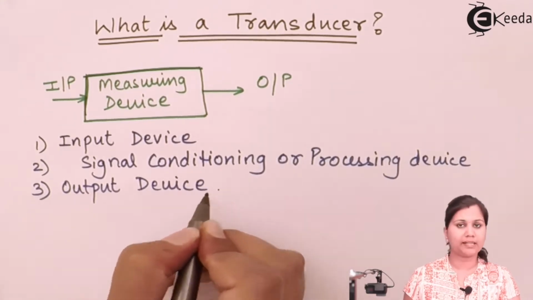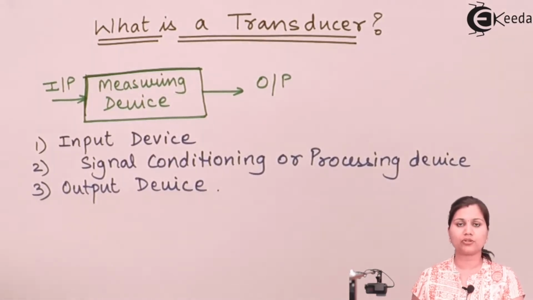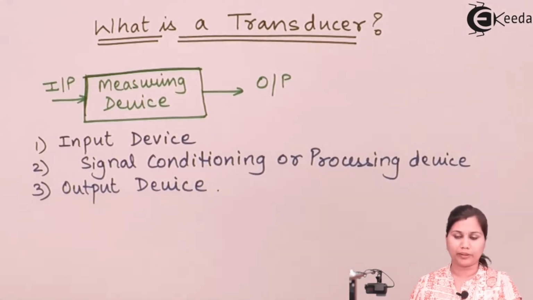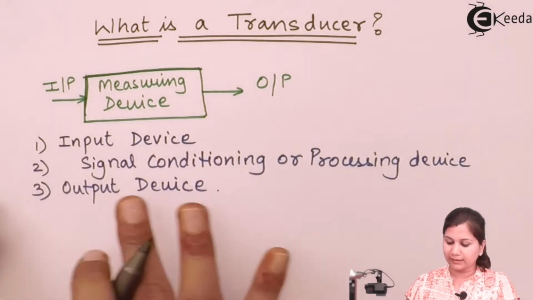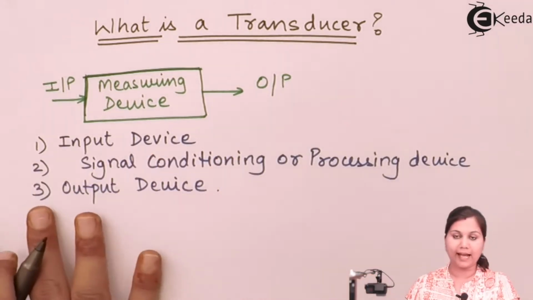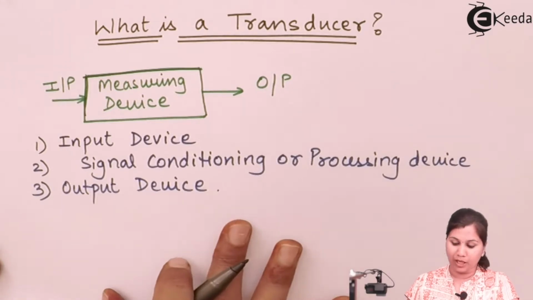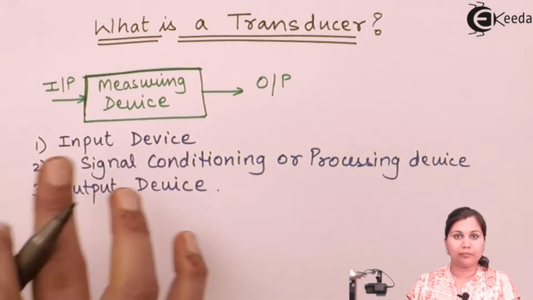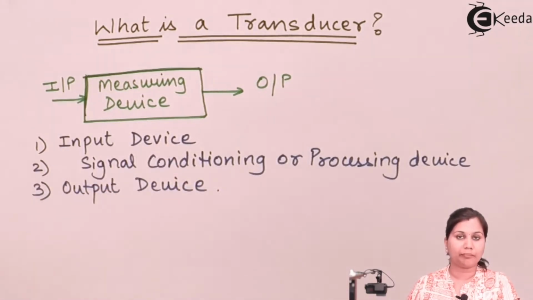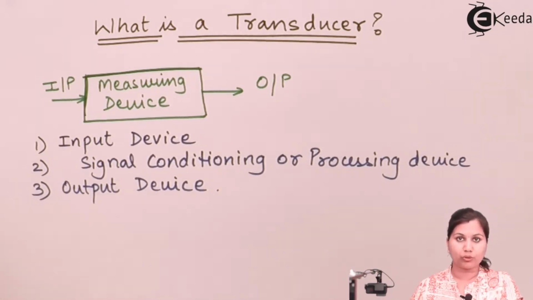So any measurement system consists of these three components: input device, signal conditioning or processing device, and the output device. The input device receives the measurement or the input signal, meaning the quantity which we want to measure.